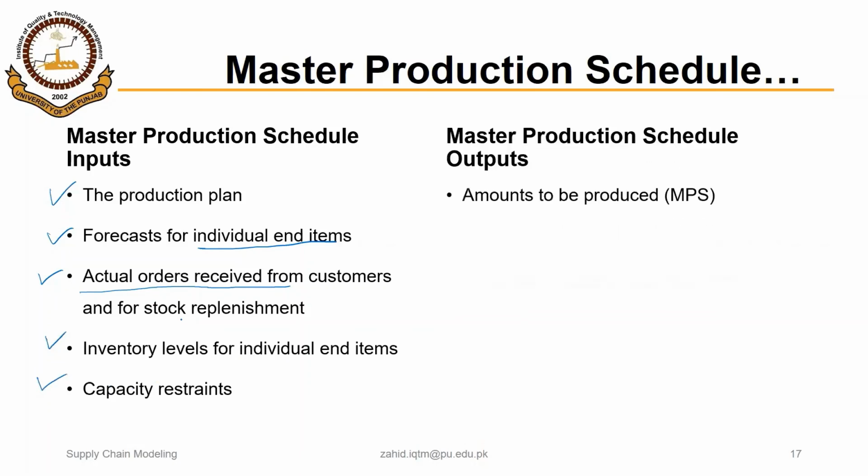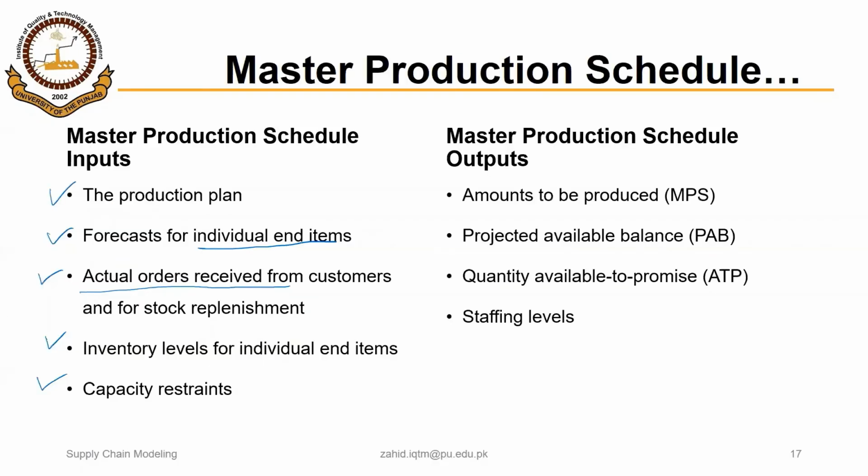And what are the major outputs? The amounts to be produced, the MPS itself, projected available balance or ending inventory, and available to promise. And once we discuss this available capacity, then accordingly, we can decide the staffing level or the resources required.